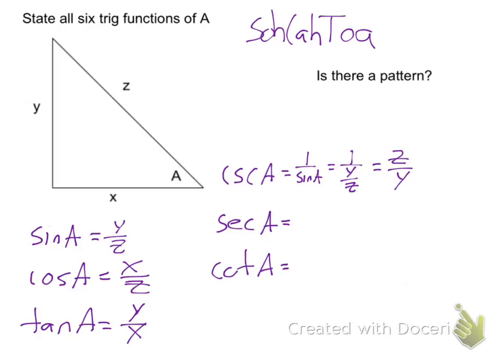Same thing with the secant. Secant is 1 over cosine. Cosine of A, we know that. It's x over z, which ends up being z over x.